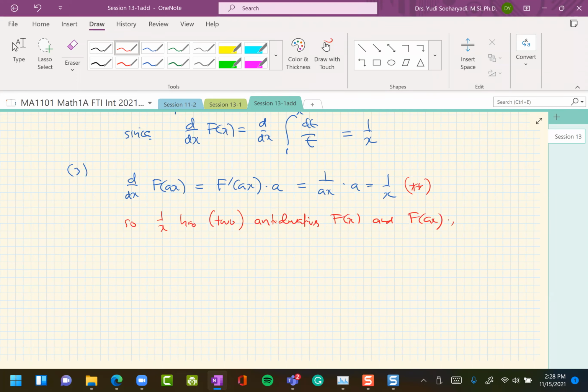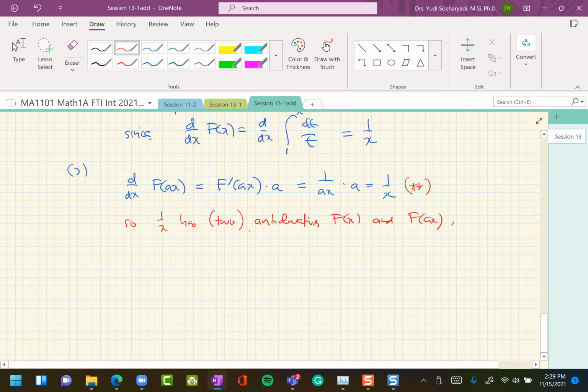How are the antiderivatives of a function related? Are they going to be very different, or similar? The antiderivative is only unique up to a constant. So the difference of these two is a constant. So this one is just the first one plus some constant.